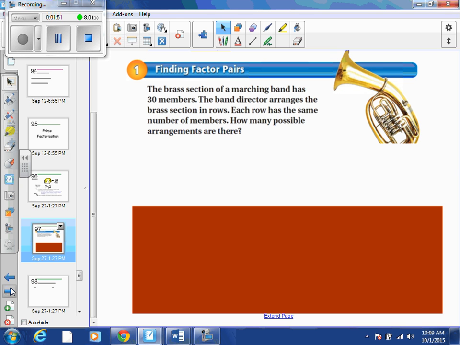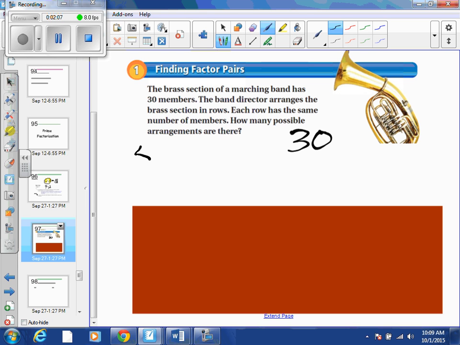If she has 30 members, how many ways could she line them up?